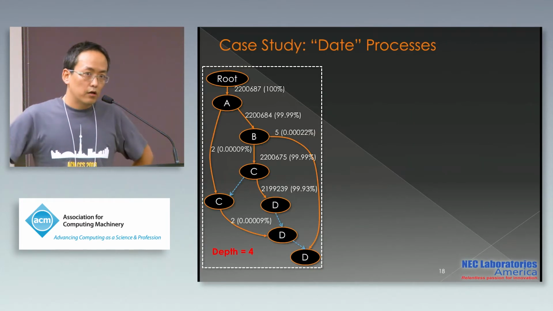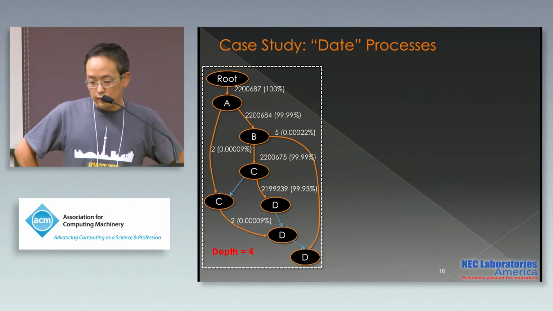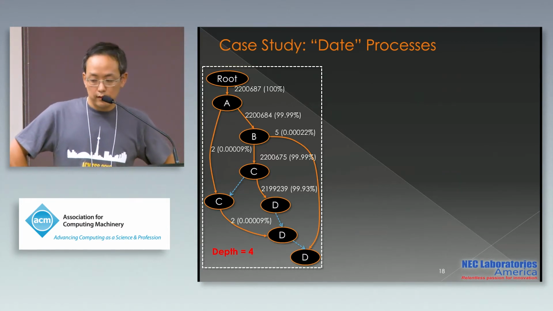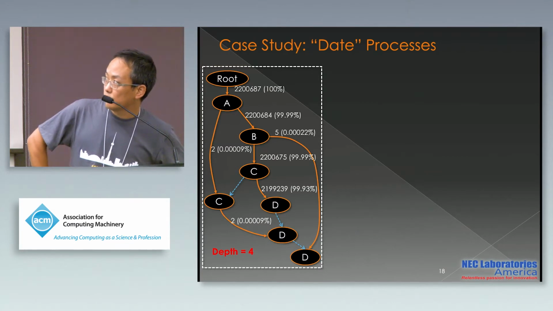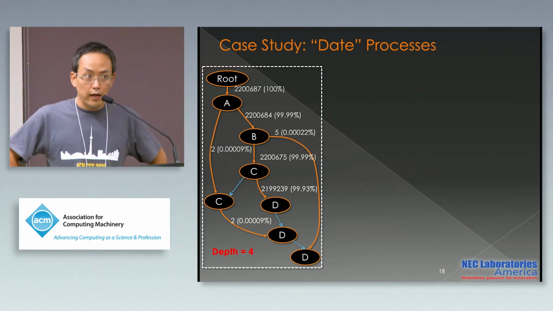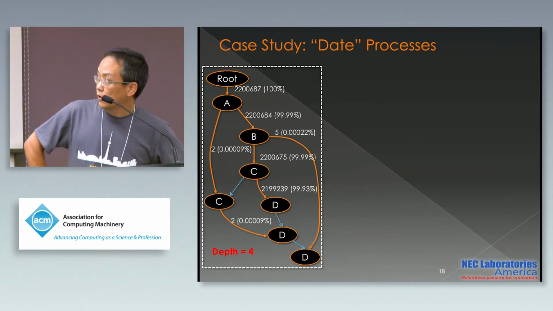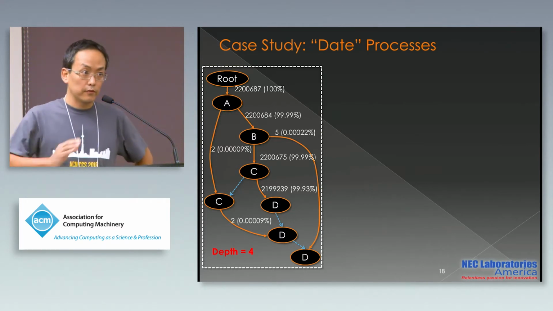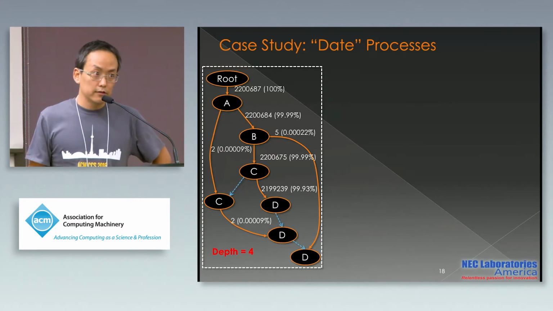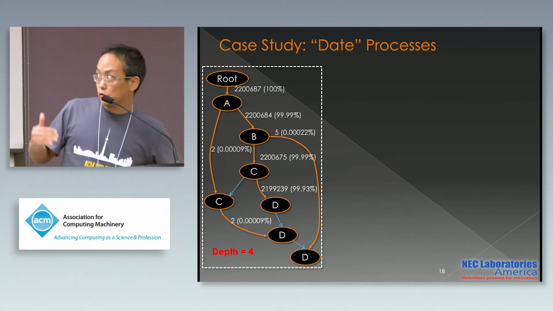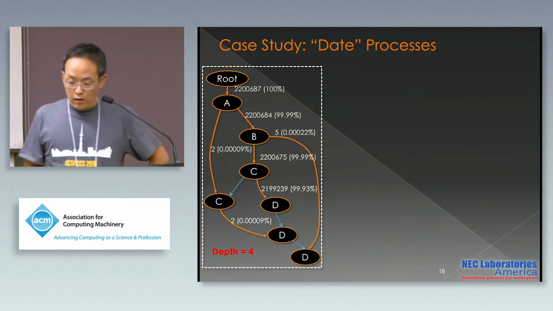This is our example case for the data process. This is the process that we've seen. Each node besides the root node represents a file. Edges represent the frequencies that we've seen from the data process across different machines, and their percentages are in decreasing order from top to bottom.